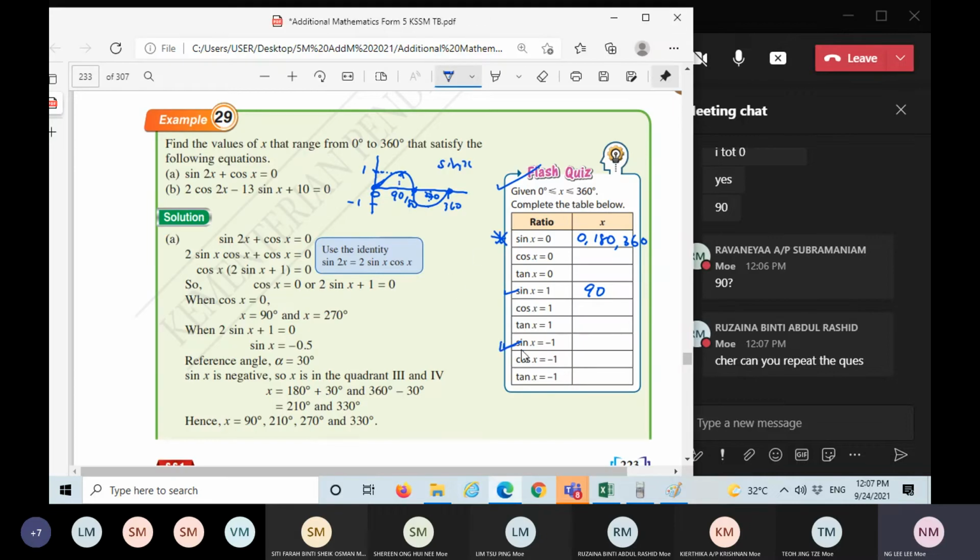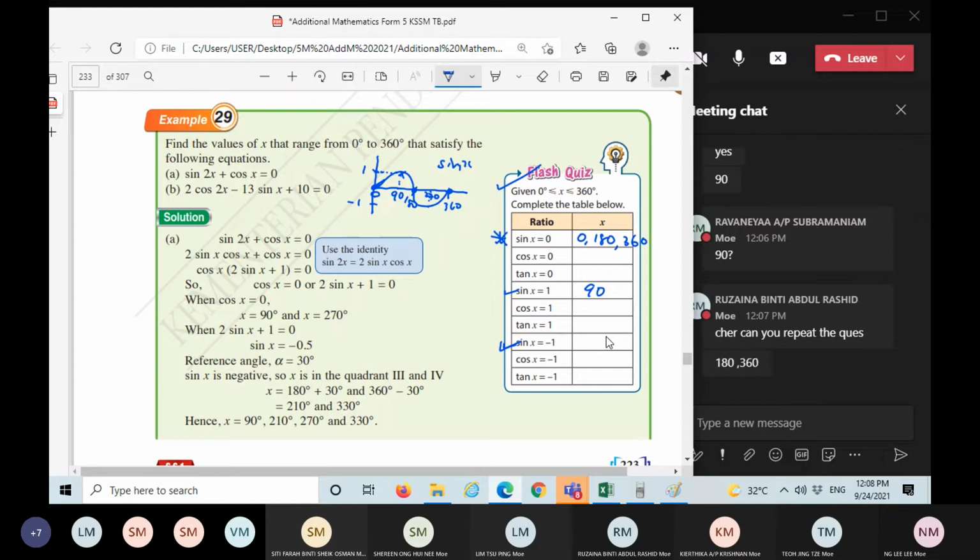Okay, the question is this one. Sine x is equal to -1. What is x? 180, 360. Alamak. That one is sine x equals 0.